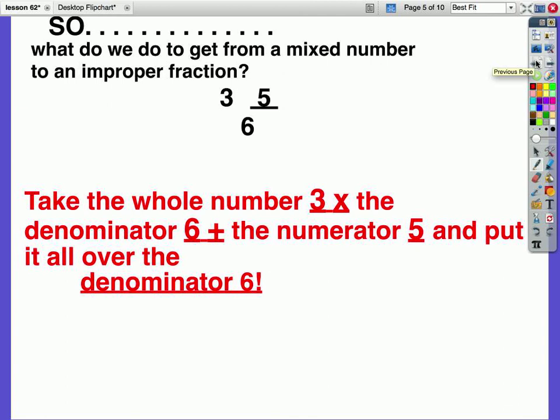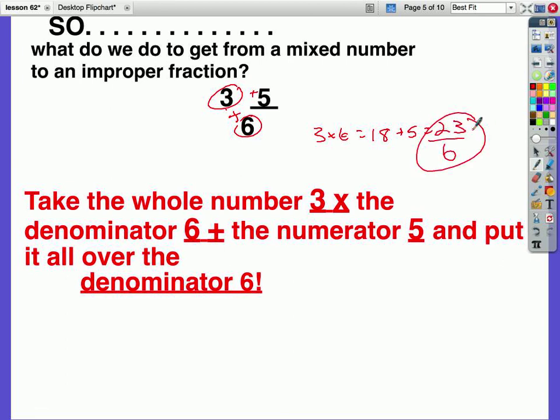So we take our whole number, 3, multiply by 6 to get 18, and then add my numerator and keep the denominator the same.